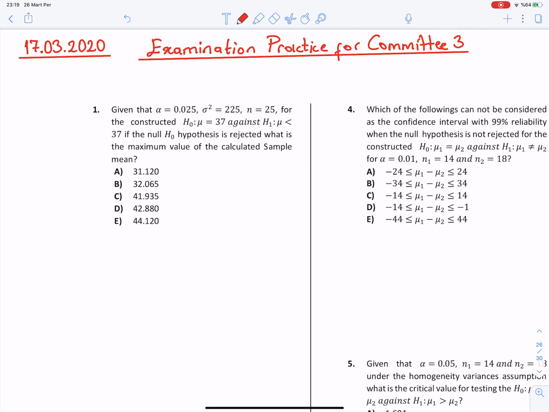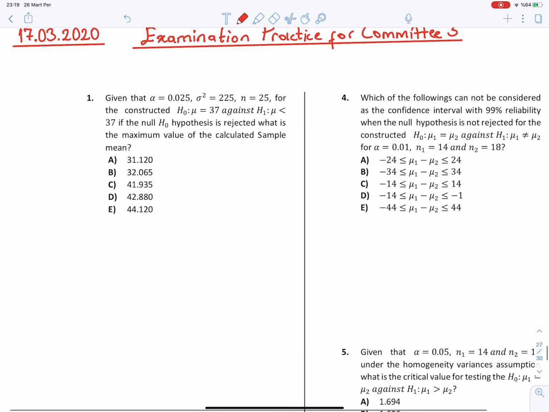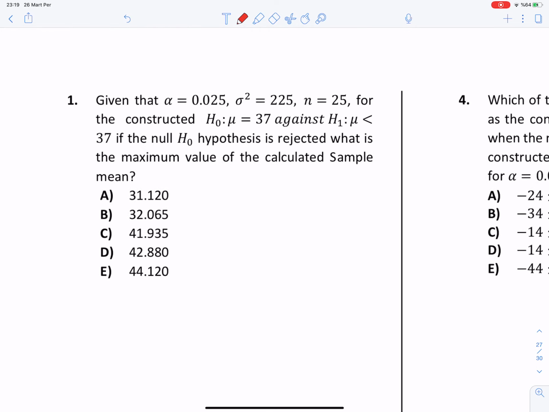Okay, the first question from the previous year was related to a one sample mean test. Let me read you the question.